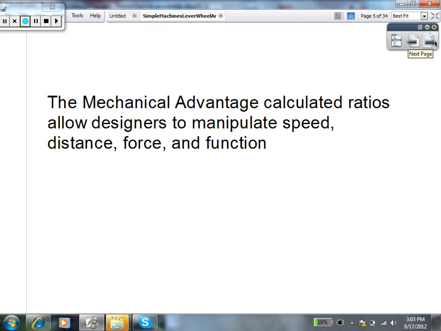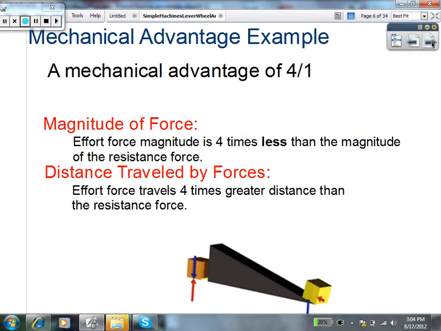Mechanical advantages are calculated ratios, and what they allow us to do is manipulate speed, distance, force, or the actual function of a system. So let's look at mechanical advantage. If we say an object has a mechanical advantage of 4 to 1, what does that mean?